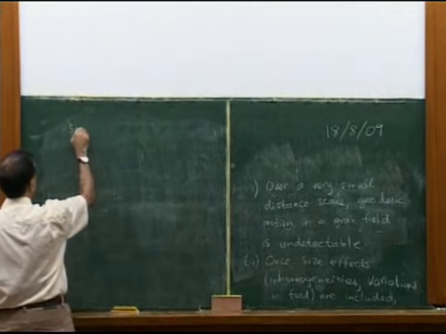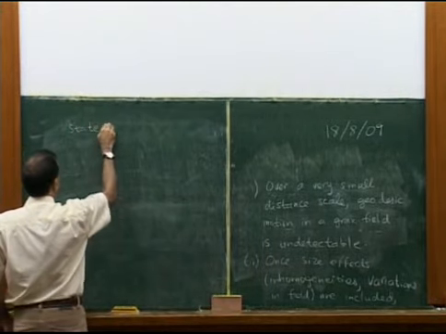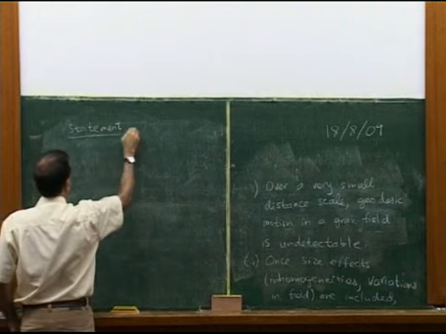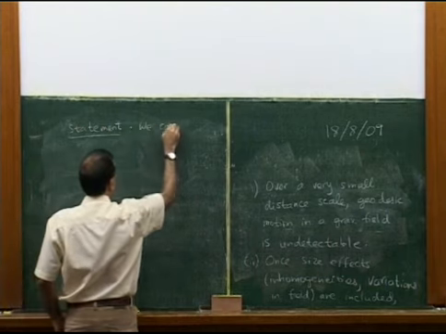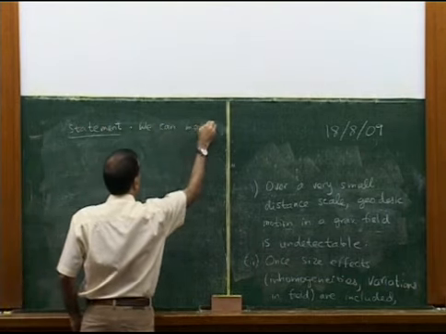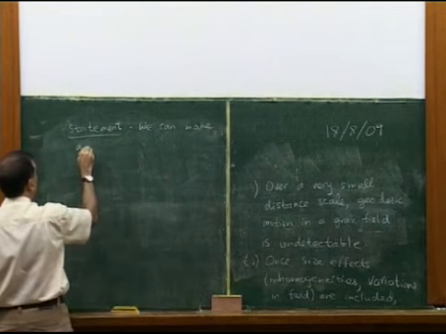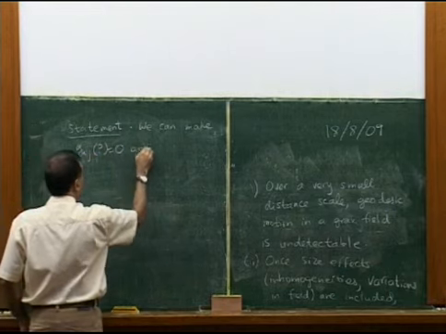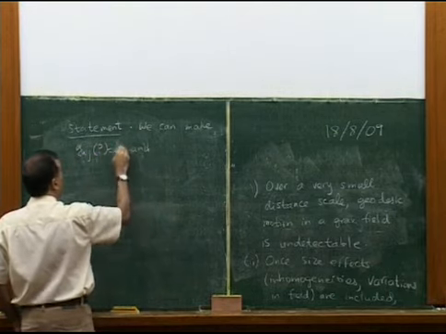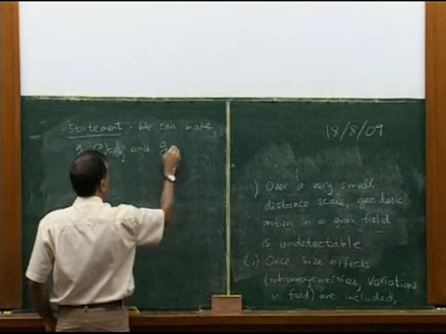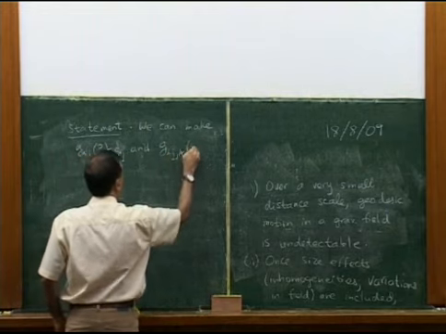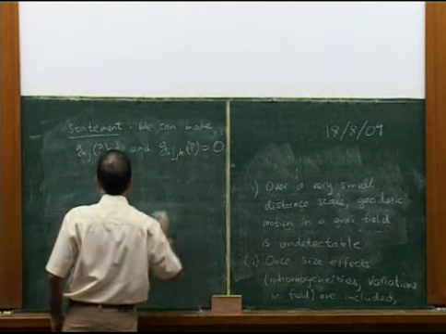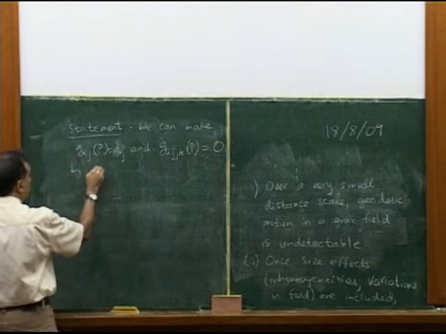So, the statement is, we can make Gij at P equal to delta ij and Gij,k at P equal to 0 by a choice of coordinates.